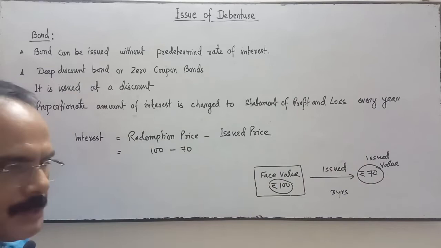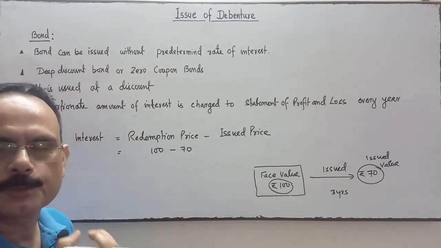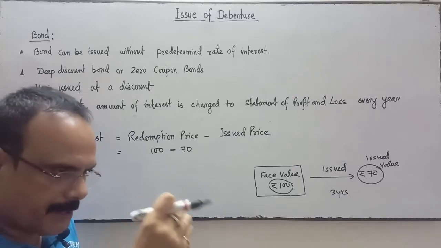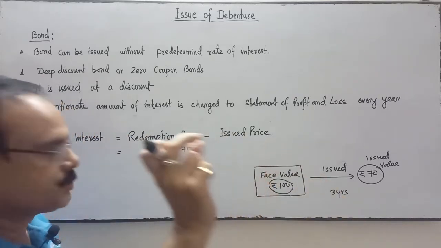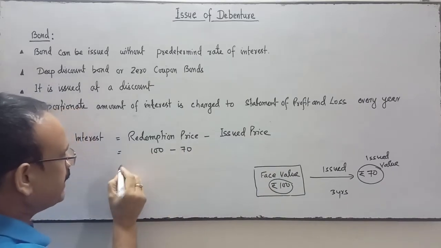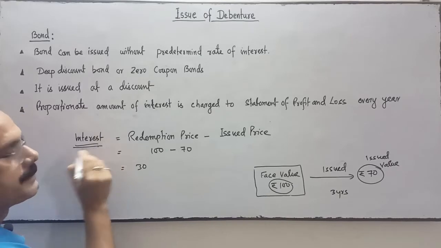Bond is issued means the company has taken 70 rupees from the bond holder, but the company will repay the bond holder 100 rupees. So this difference of 30 rupees indicates the interest.